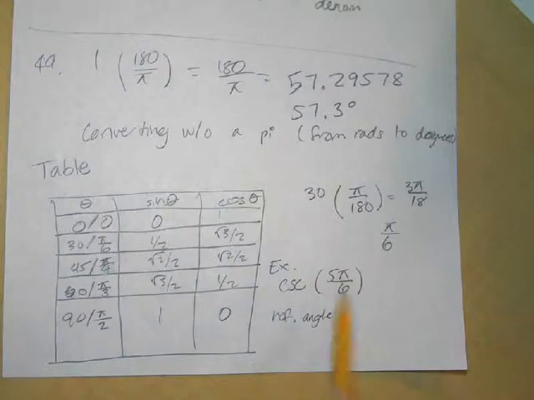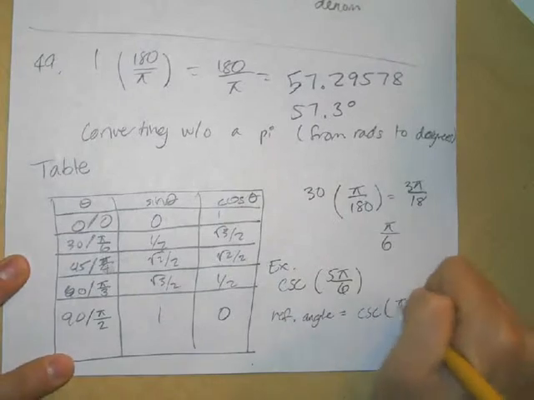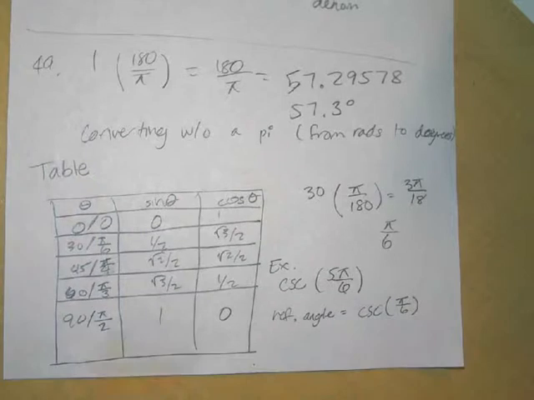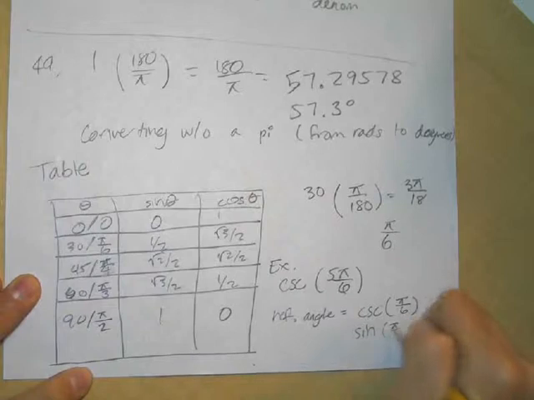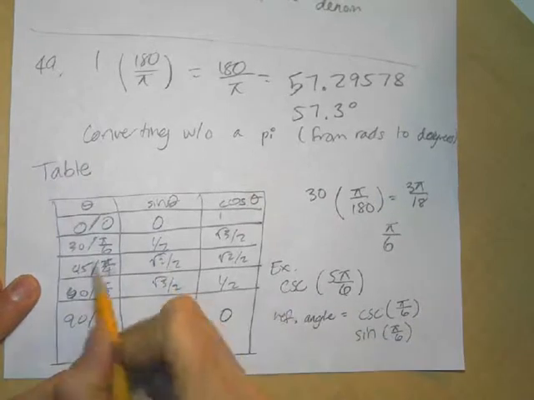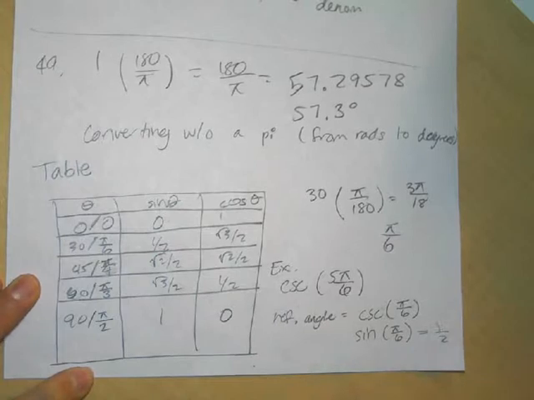So if it's over 6, 4, 3, what can we do? So pi over 6. So we're going to look for cosecant of pi over 6. But we can't do that because cosecant's not on here, but cosecant's buddy is. What's cosecant's buddy? No, sine. So sine pi over 6. So we'll look up sine pi over 6. So pi over 6 sine is 1/2. That means cosecant's going to be what? 2.